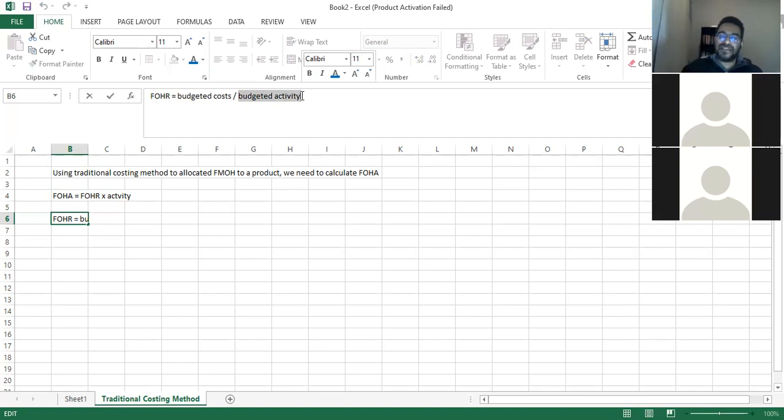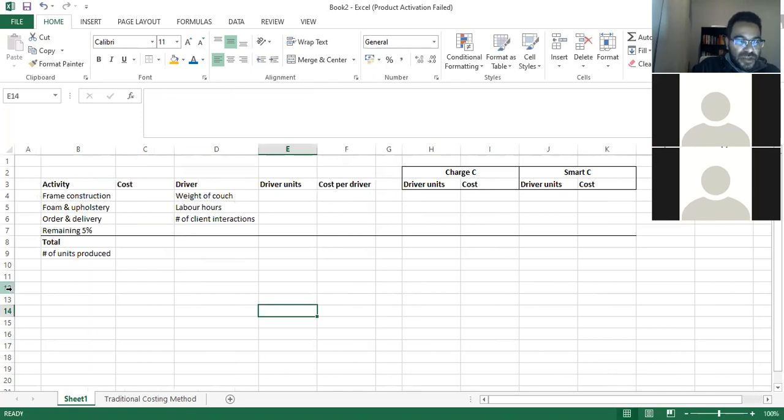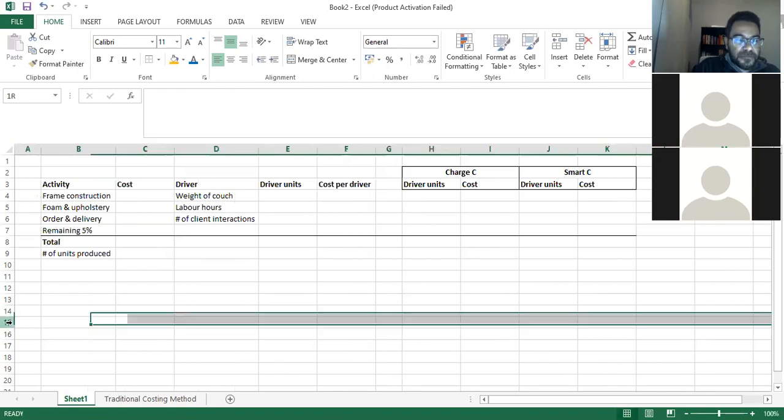So the next step is to work out the total number of units that were produced in 2019. Okay, so let's have a look. If I just do this over here, workings.